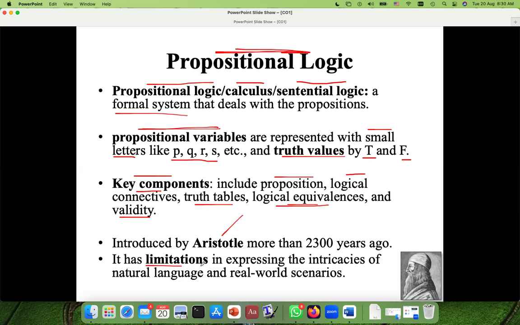This field of study has some limitations, some deficiencies, in that it does not explain the details or the intricacies, meaning the complexities, of our spoken languages.